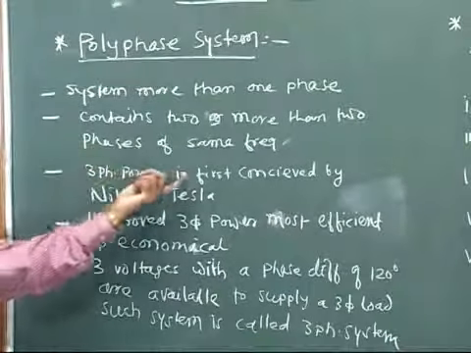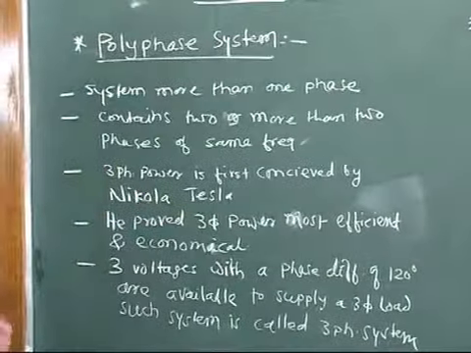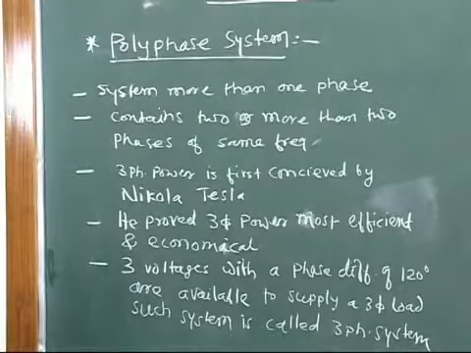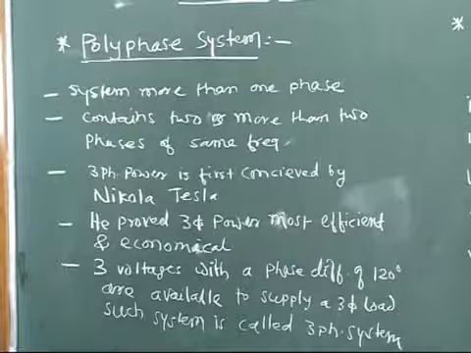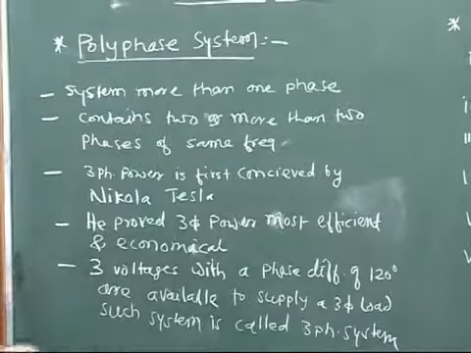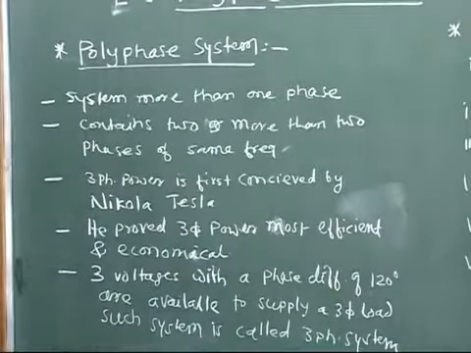This three-phase power was first conceived by the scientist Nikola Tesla. Nikola Tesla proved that the three-phase system is the best, efficient and economical system among the polyphase systems, and that's why all over the world it is generated, transmitted, and used.